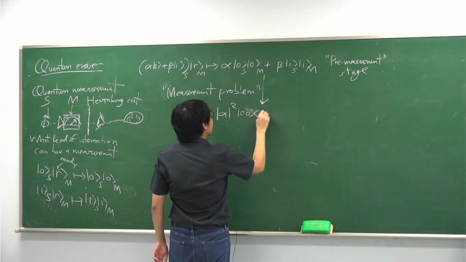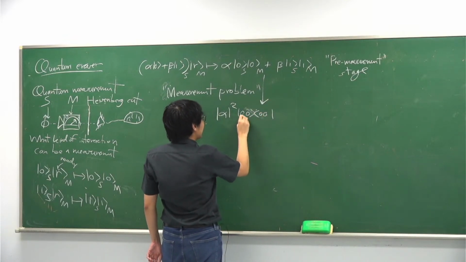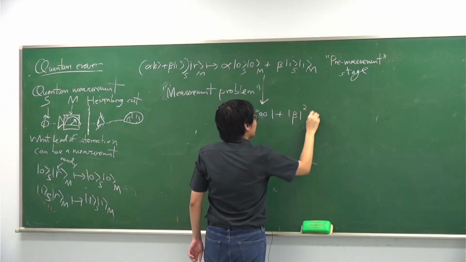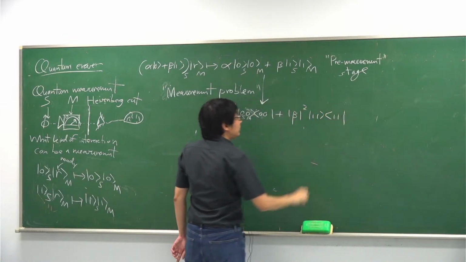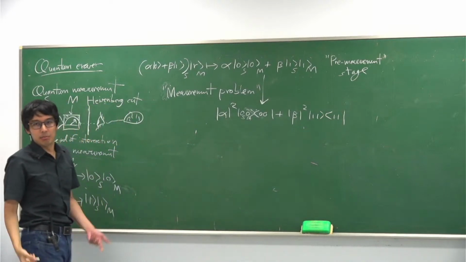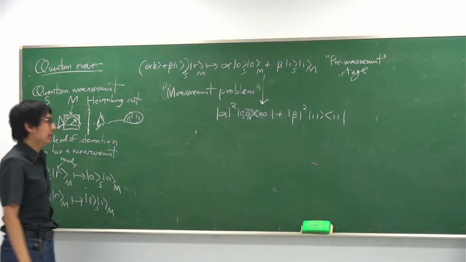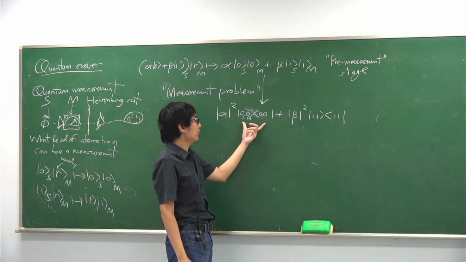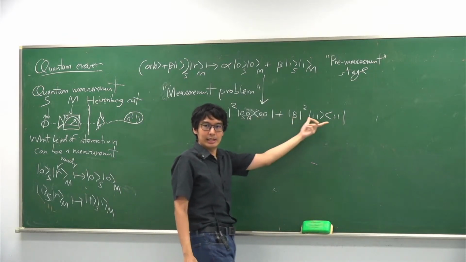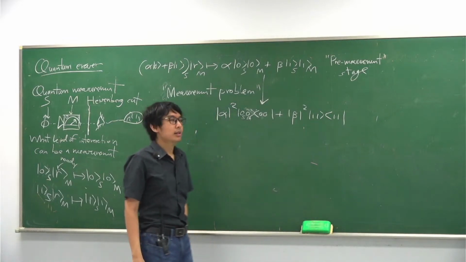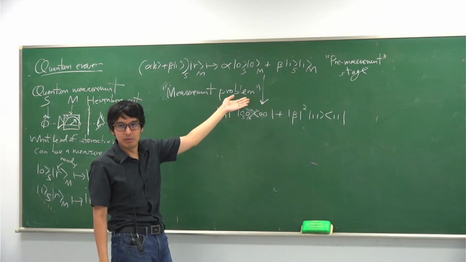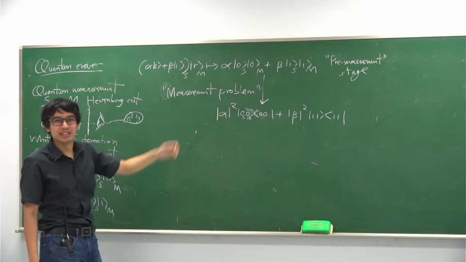Well, I can write it like this: this is S and M, right? This becomes a mixed state at some point. And then when we look at it, we see this state with probability alpha squared, or that state with probability beta squared. But this point is never defined anywhere in quantum mechanics.